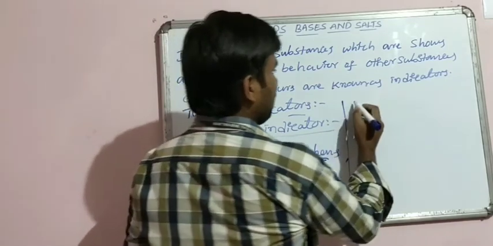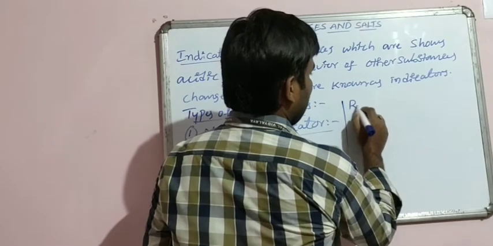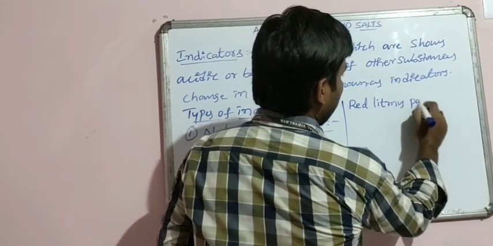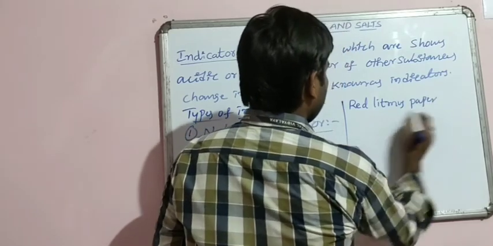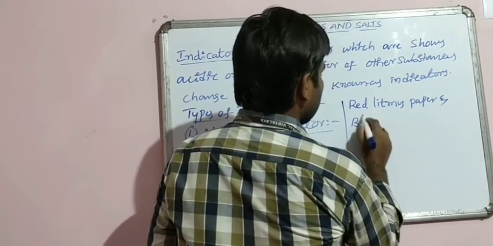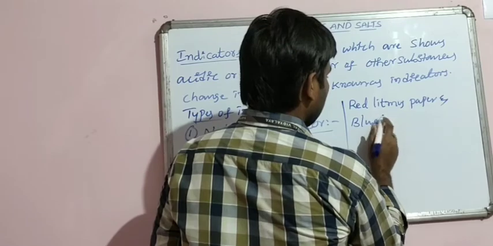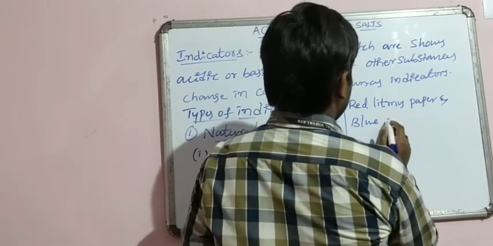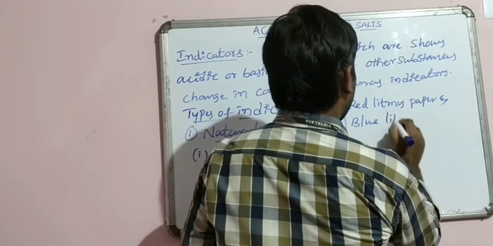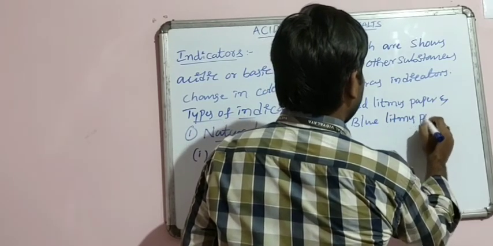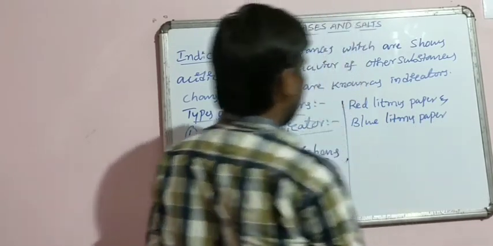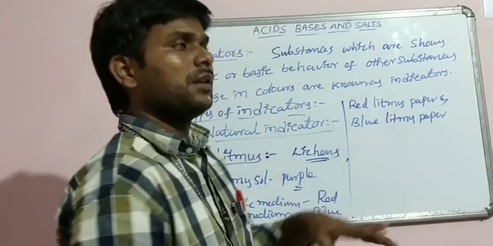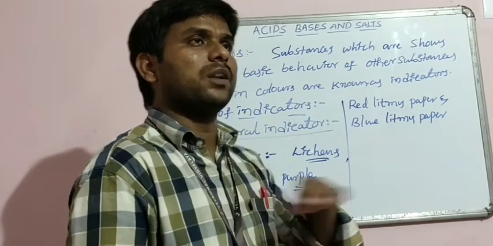We have two types of litmus papers: red litmus paper and blue litmus paper. Here, suppose the acid gives what color with litmus paper?